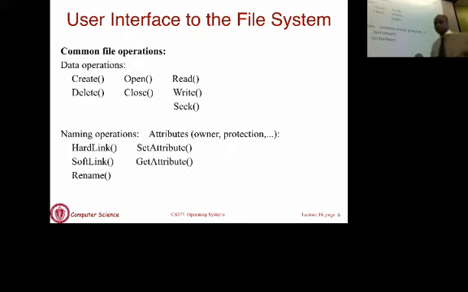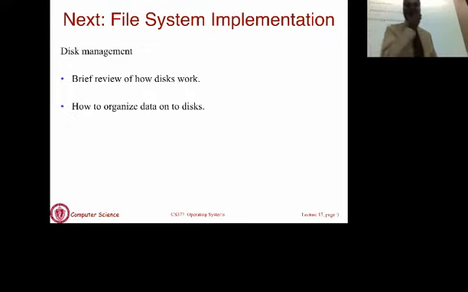And I won't say a whole lot more right now, at least. What I want to do instead is talk about file system implementation. So we will look at how you can go about implementing a file system on disk. And by and large, we will have to worry about two things. What is the structure of a file on disk within that file system, and how is space allocated and deallocated for the file.